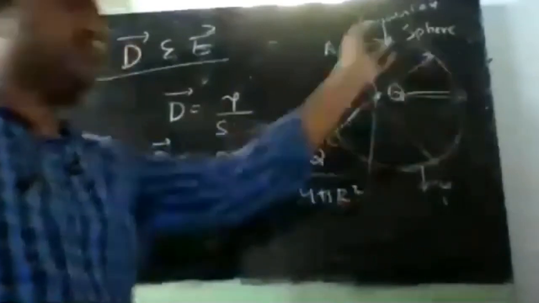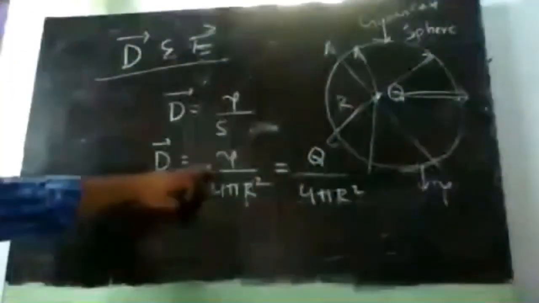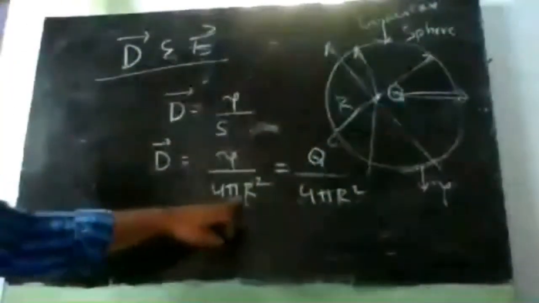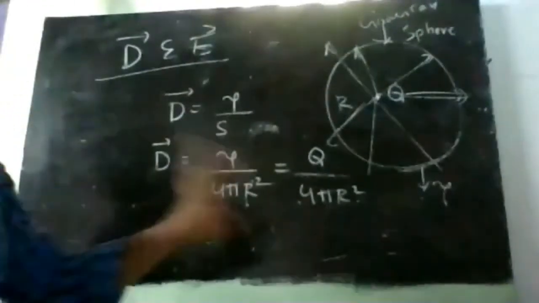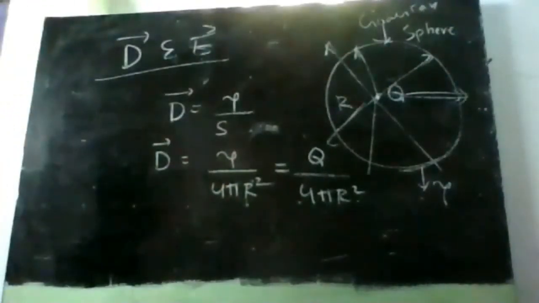So the surface of the sphere that I am considering has area 4 pi r square, and the flux density is psi by 4 pi r square. Clear?